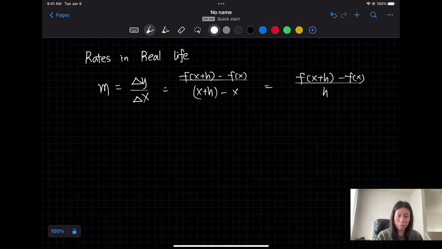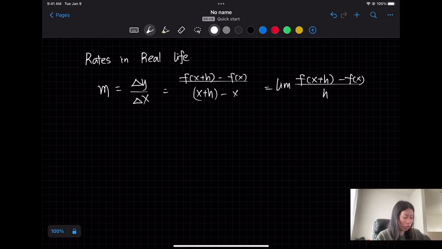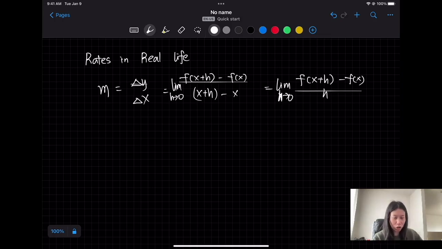So that means if h is approaching 0, the 2 points, x and x + h, are going to be very close. What happened? This is going to be the derivative at x, right? That's how we define derivative.